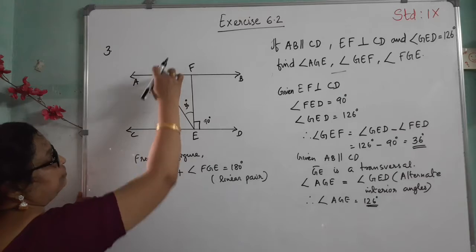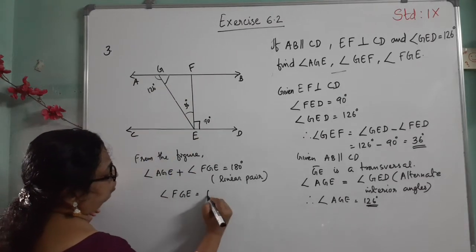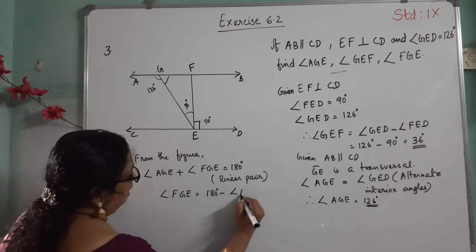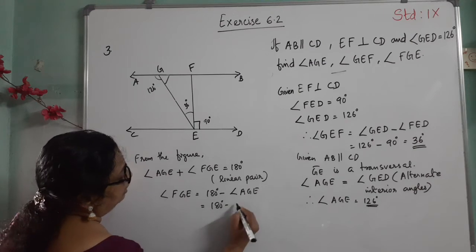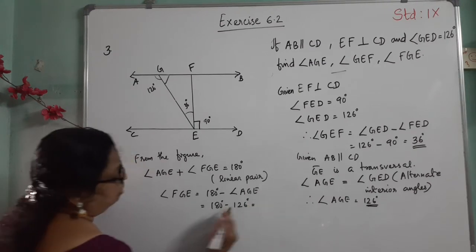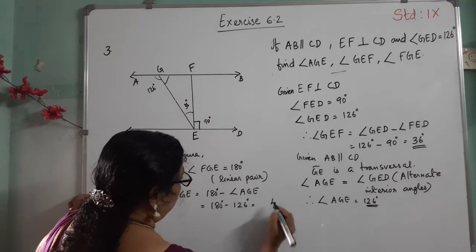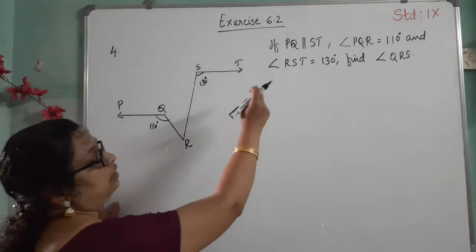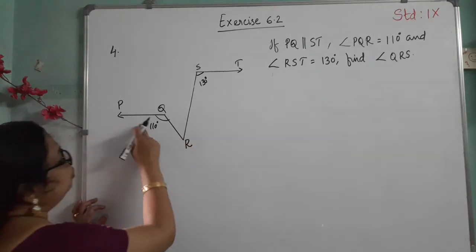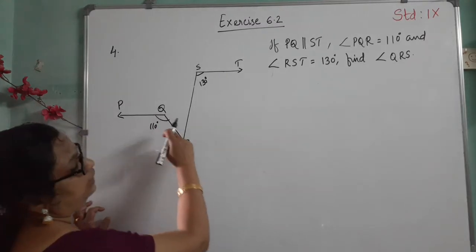Therefore we can find angle FGE, which equals 180 degrees minus angle AGE. Angle AGE is 126 degrees, so 180 minus 126 is 54 degrees.